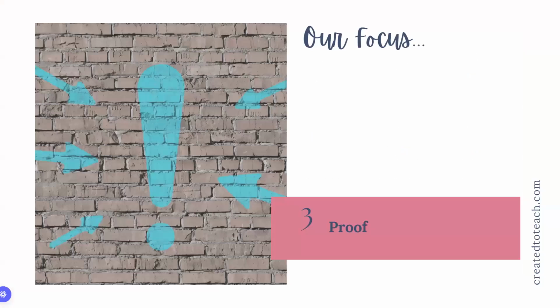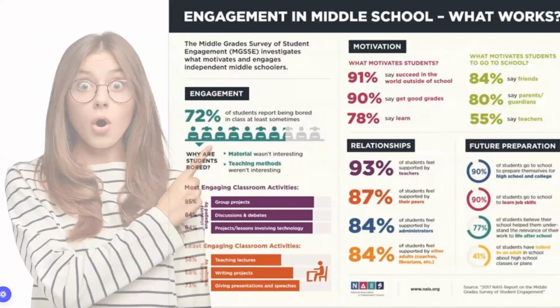As we move into proof, why do we need to hook our students? So let's look at some statistics here. This is middle school, but this can probably easily relate to elementary. Overall, 72% of students felt like they were being bored in class at least some of the time, 72% of students.